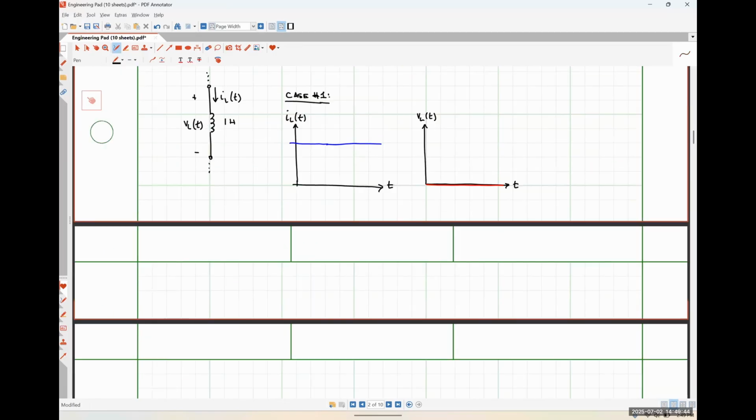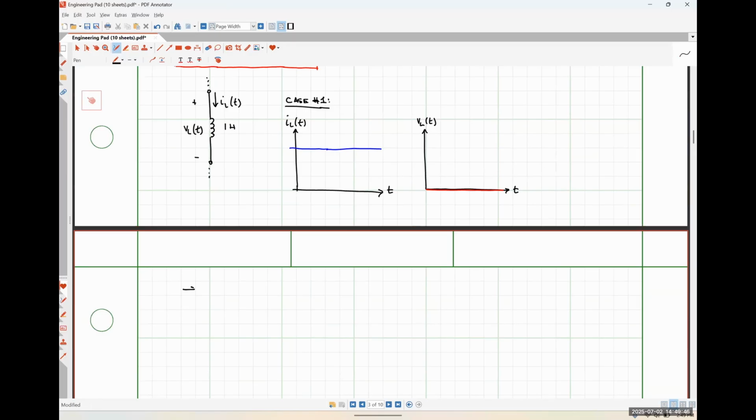In other words, in a DC circuit, inductors can be treated like a short circuit. Okay.